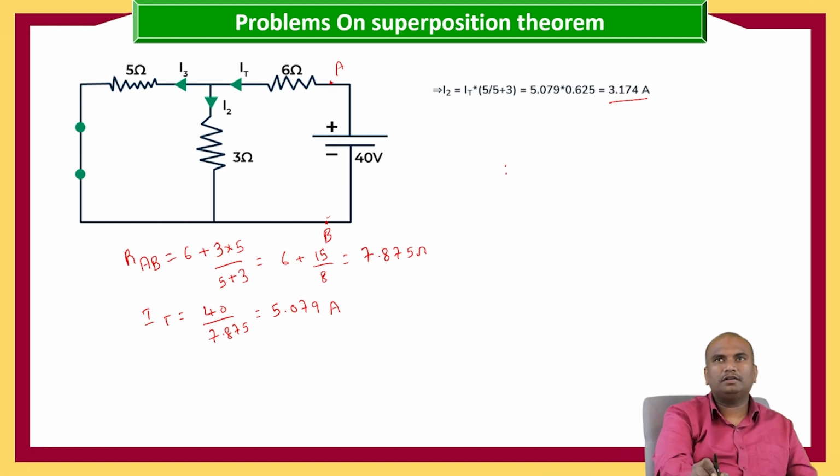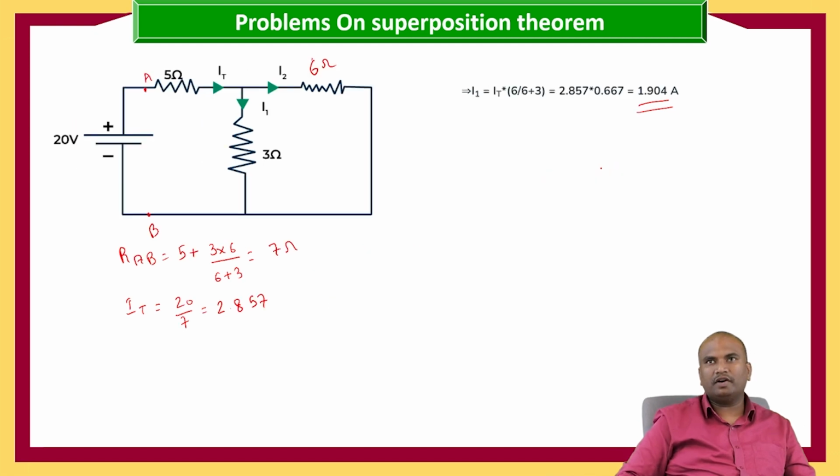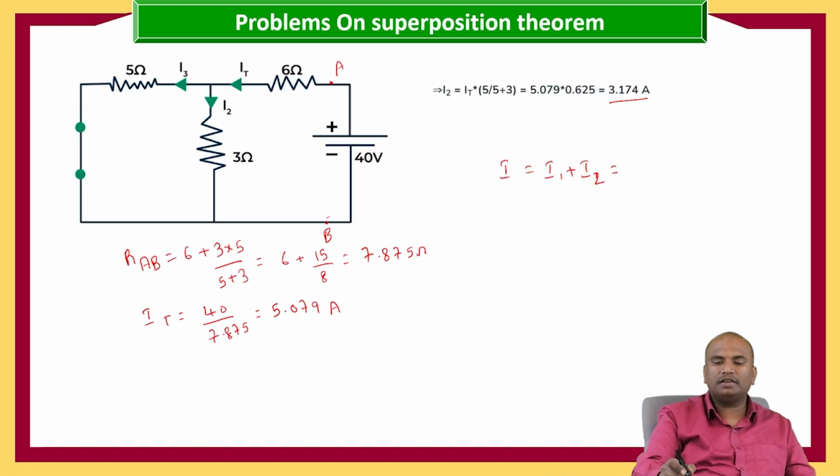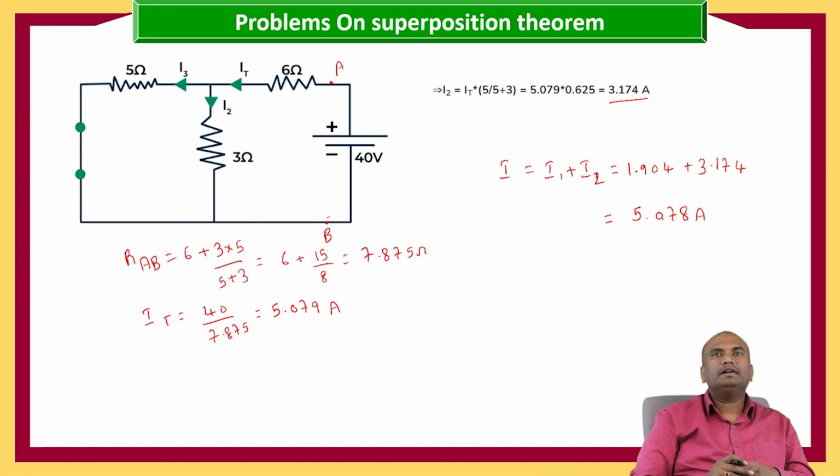Now we got the I1 and I2, where I is equal to I1 plus I2. That is equal to I1 value, we got it as 1.904 plus 3.174, which is equal to 5.078 amperes. This is our current in the 3 ohm resistance.